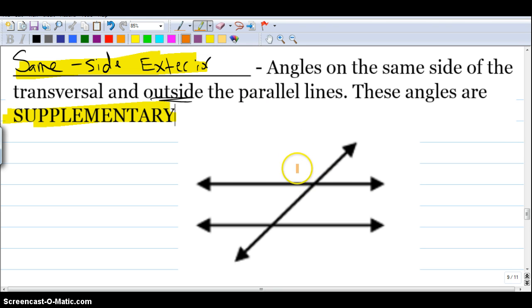So on the outside again, we're done with the inside for now. On the outside, this is on the left side on the outside. This is also on the left side on the outside. The purple is on the right side.